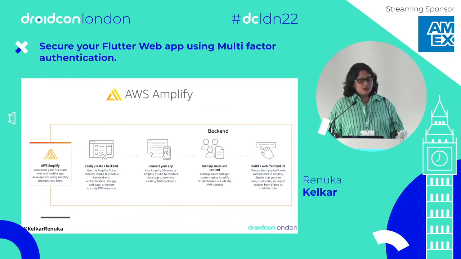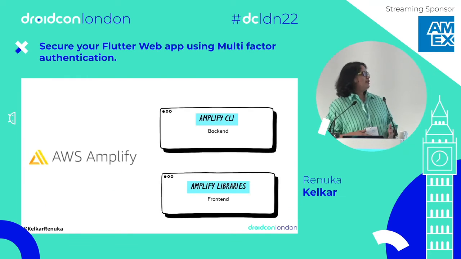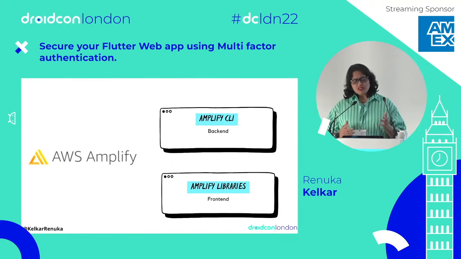There is also support for authentication with Flutter applications. They have two things: the AWS Amplify CLI and the AWS Amplify Library. The Amplify CLI helps you create a backend, and with the Amplify Library and some UI kit, you can easily build the front end for your application.